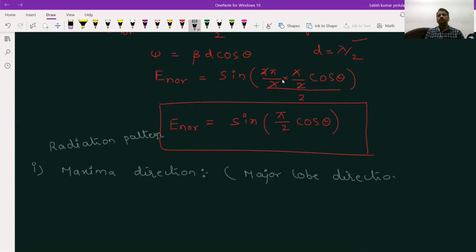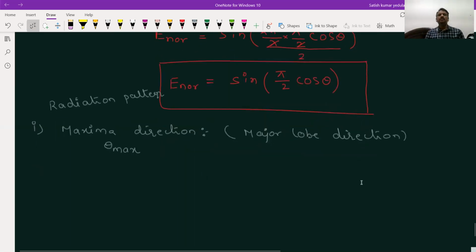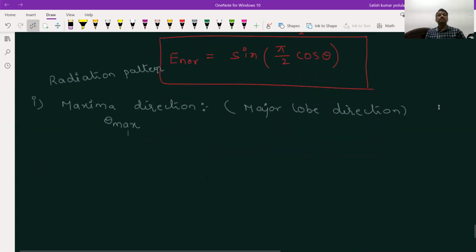Let us denote that with theta maximum. To get that theta maximum, what you have to do is equate the normalized field component to plus or minus 1, because it can be plus 1, it can be minus 1.